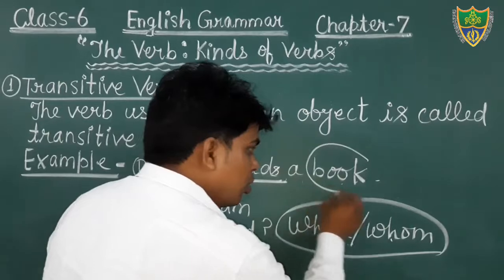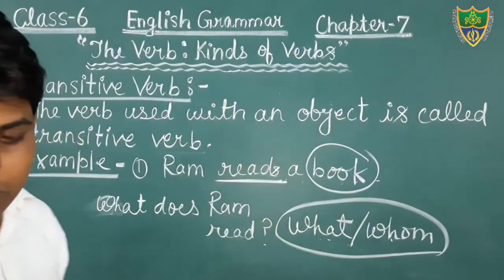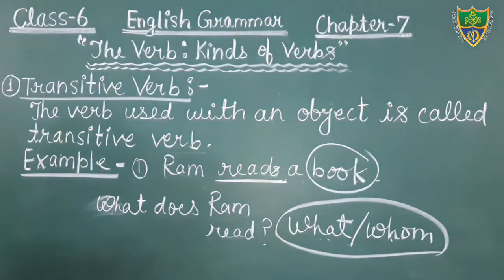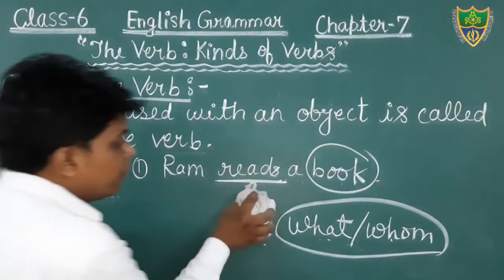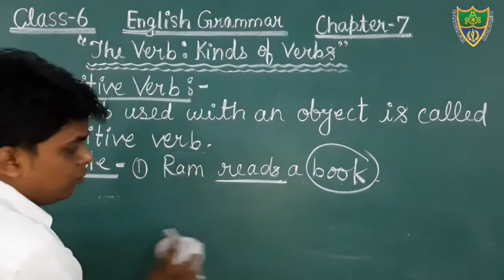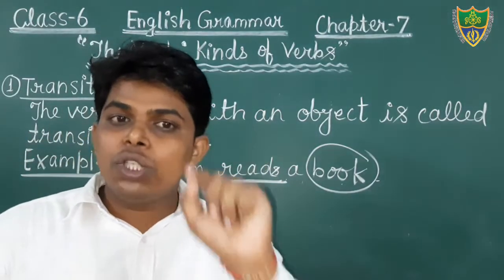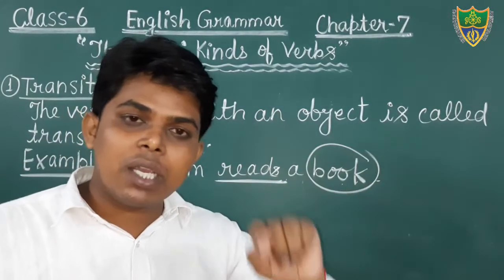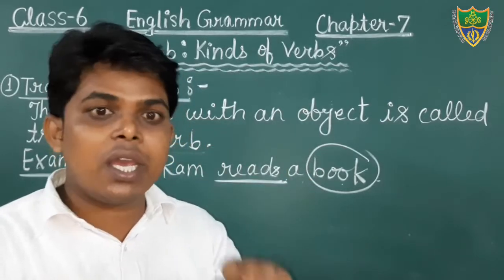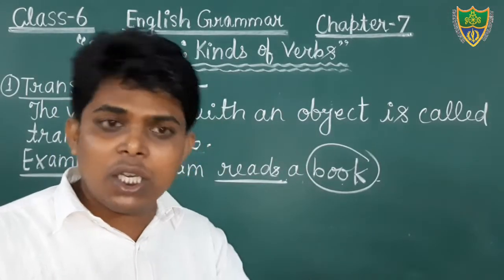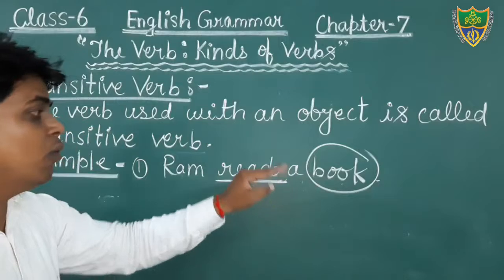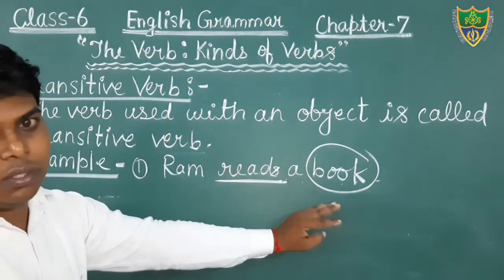So here the word book is an object. Okay, student, so the verb reads is a transitive verb. Keep in your mind that by using what and whom, if we are making a question and we are getting an object as the answer, then that word would be the transitive verb.